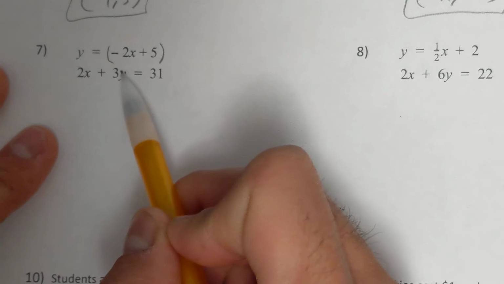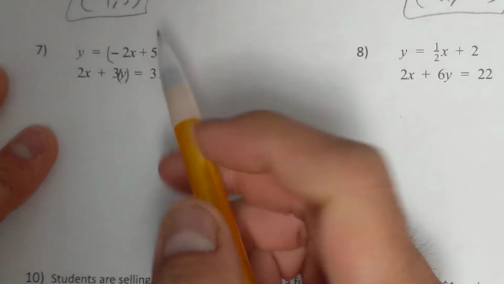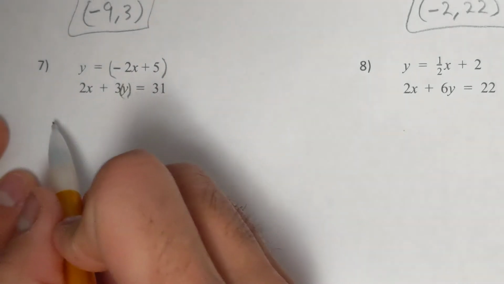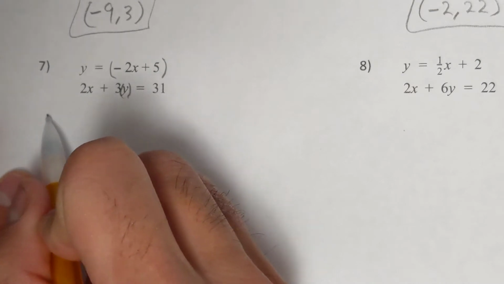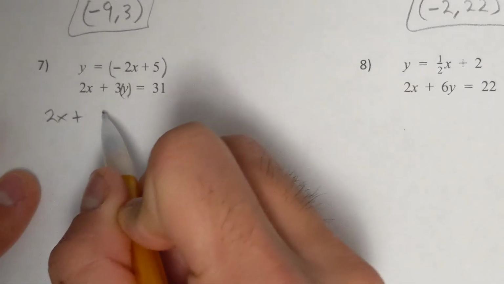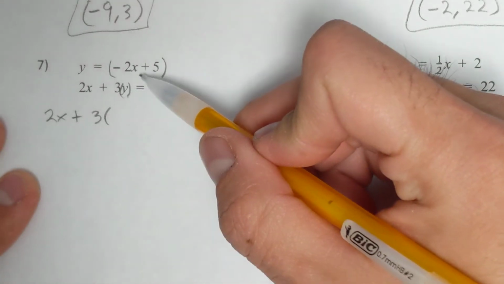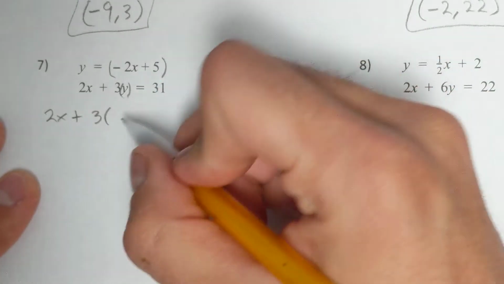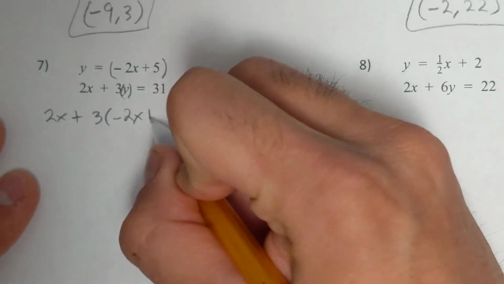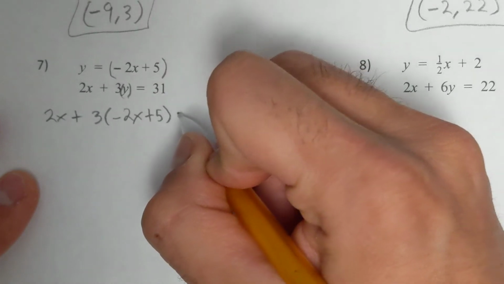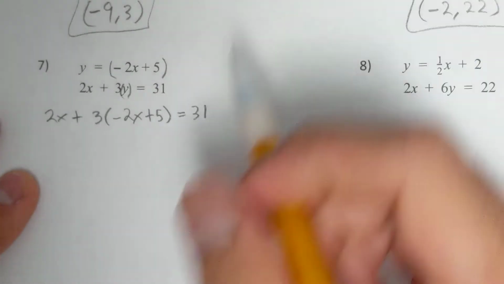I'm going to substitute my y out from this equation. So I get 2x plus 3 parentheses. Now I'm not going to write y, I'm going to replace it with what y is equal to: negative 2x plus 5, is equal to 31.